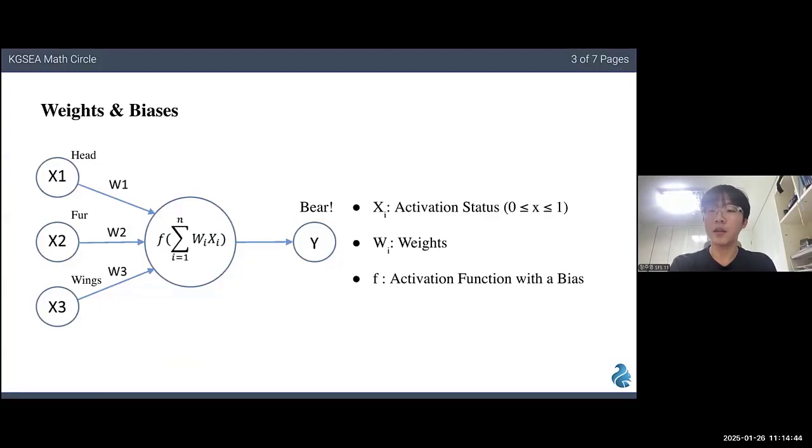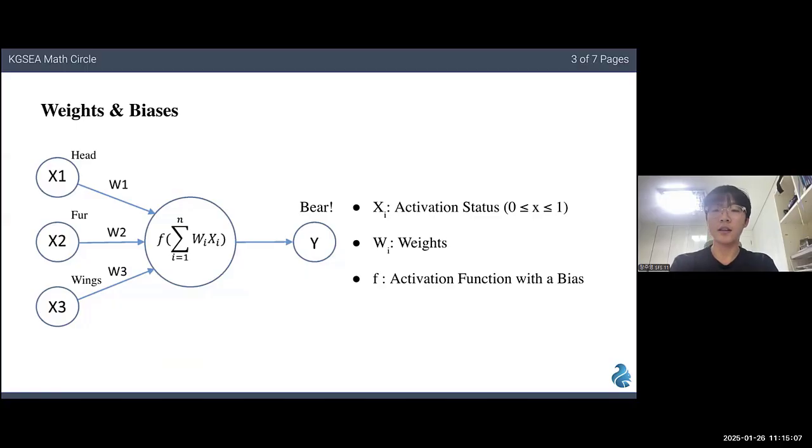For example, if the model notices head in the image, it will indicate it with a positive weight towards bear. Similarly, fur will positively indicate that what we're seeing is closer to a bear than other objects, and with more certainty than head.